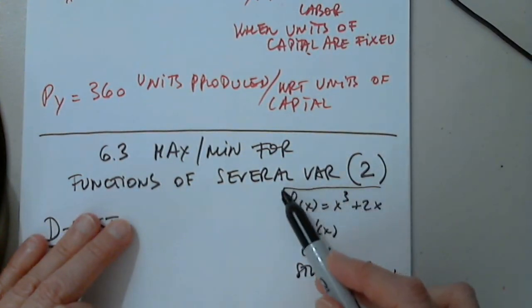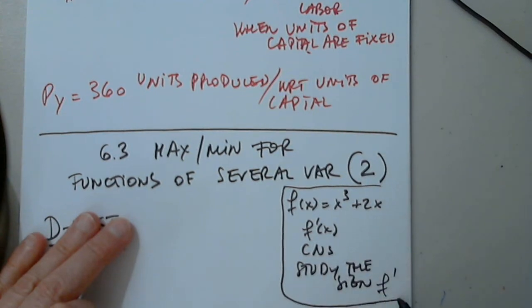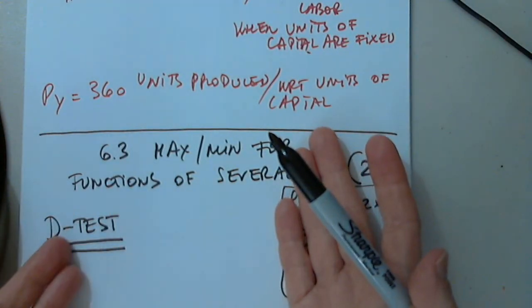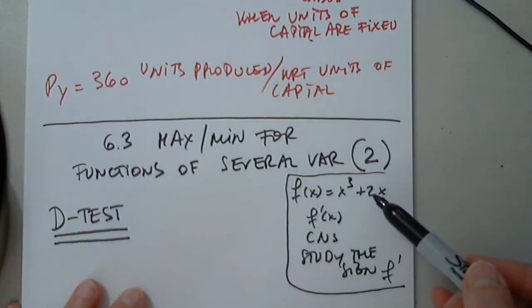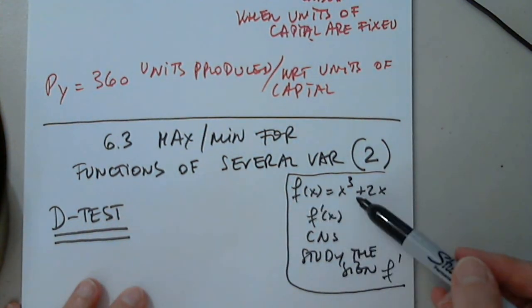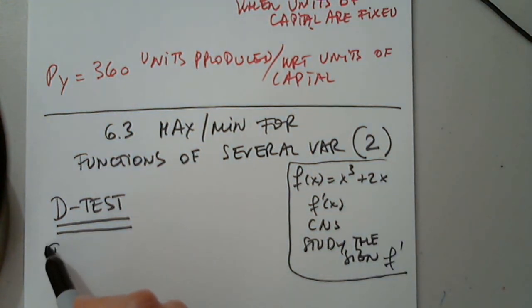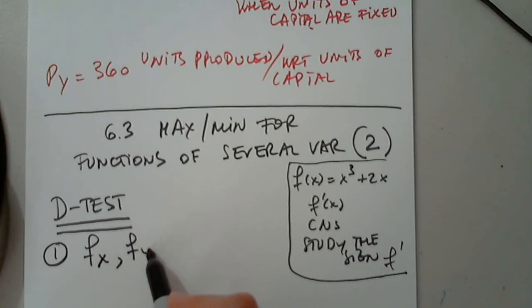So this was the idea for functions of one variable. Pretty much similar here. But this time we have to find two variables, partial derivatives. So step number one, we find fx and we find fy.